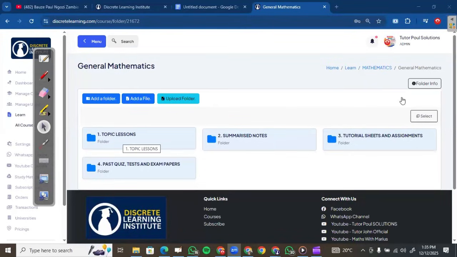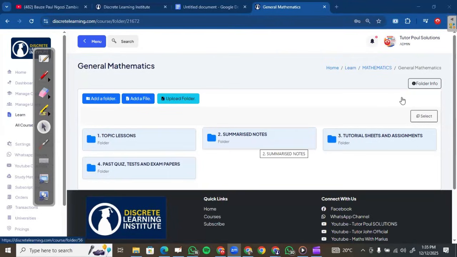There are topic lessons there. For any topic that you're going to learn in math, we have videos clearly explaining all the concepts, and there are also some notes that you can write. Then in this folder, there are summarized notes, very much summarized and direct to the point, exactly what you need to know in order to pass any assessment.